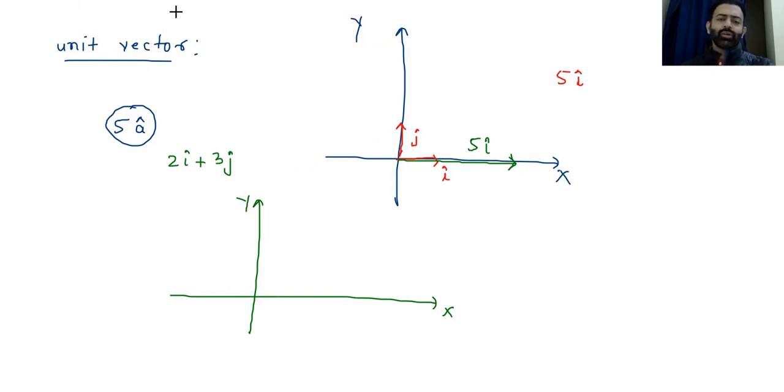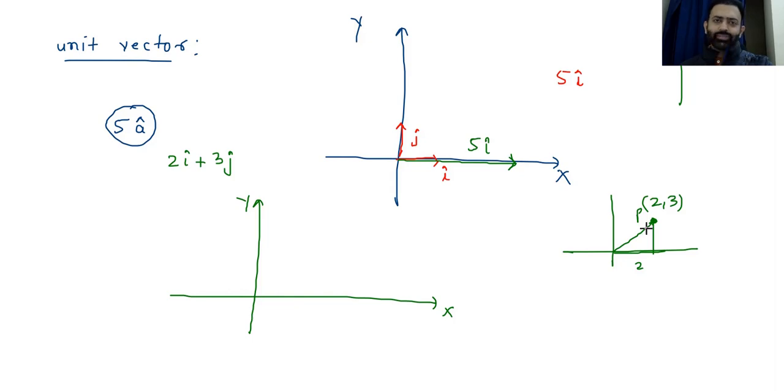Just like we cannot add x coordinates with the y coordinate, if I say there is a point in space, point P, whose coordinates are 2, 3, the meaning is that in the x direction you have moved 2 distance, and in the y direction you have moved 3 distance. So you have arrived at a point P.